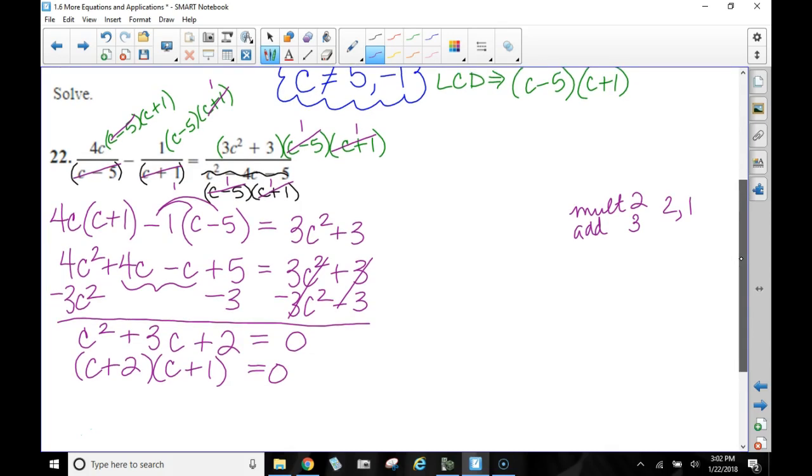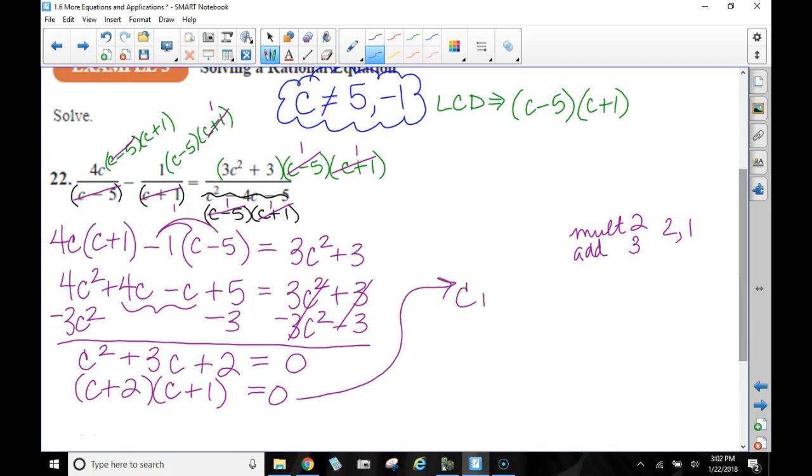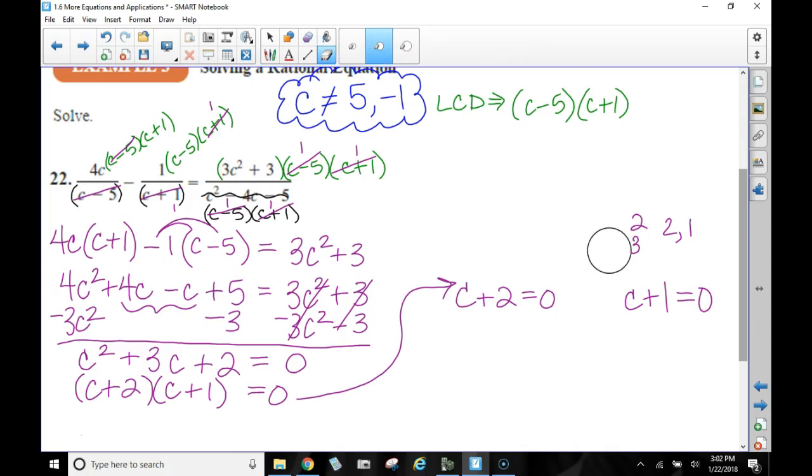Now you have a factor times a factor equals 0. Let me go right over here and finish this up, because then when I set each factor equal to 0, I'll write c plus 2 equals 0 and c plus 1 equals 0.